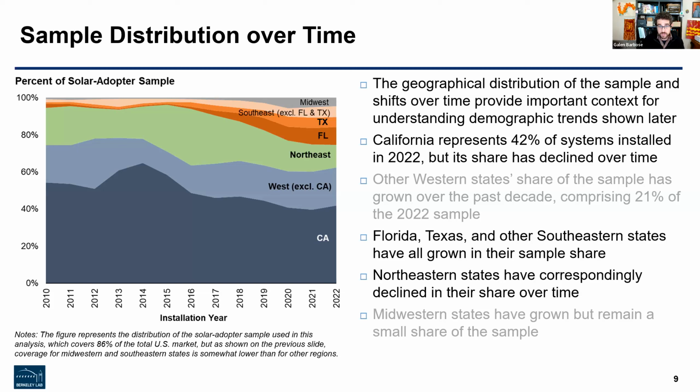You can also see up towards the top of the chart here that the southeastern states, including Texas and Florida, their collective share has been growing over time, more or less compensated by an equal drop in the share among northeastern states. And so in some of the later slides, we'll refer back to this trend as a way of explaining some of the shifts that we see in the metrics that we look at later on.